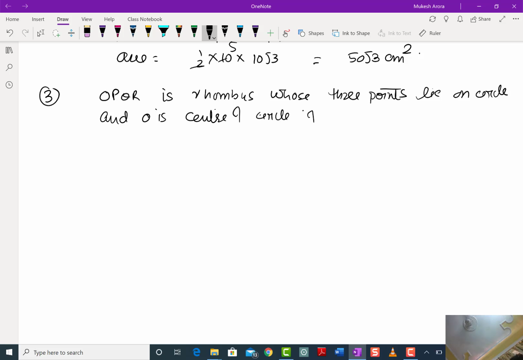If area of rhombus is 32 under root 3, find the radius.